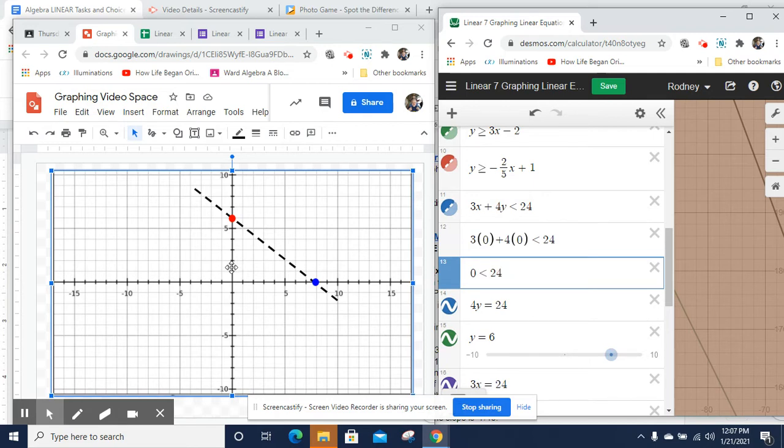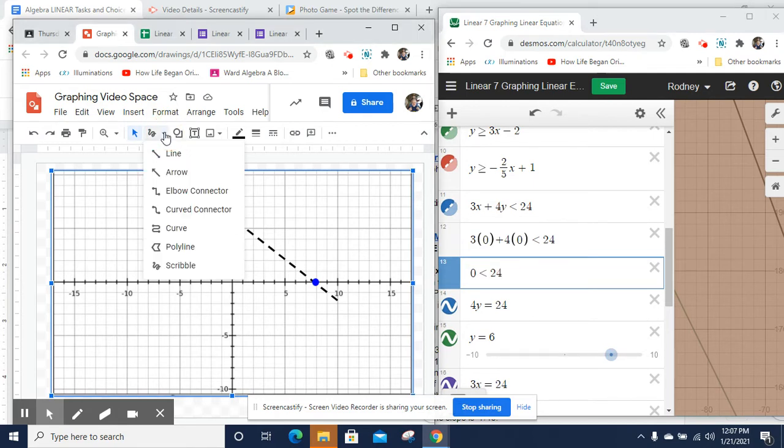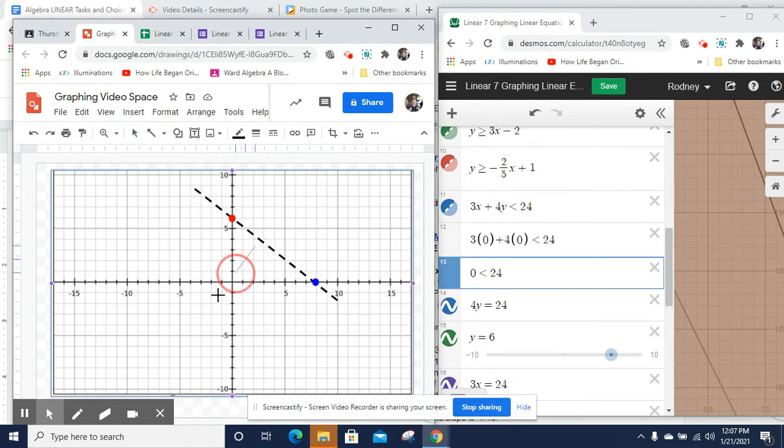And is that true? It's totally true. I'll use arrows this time. So that side right there is shaded, and so that side is true.